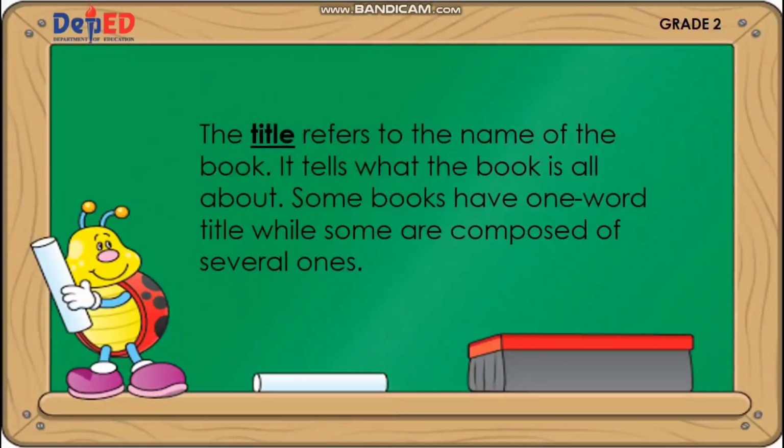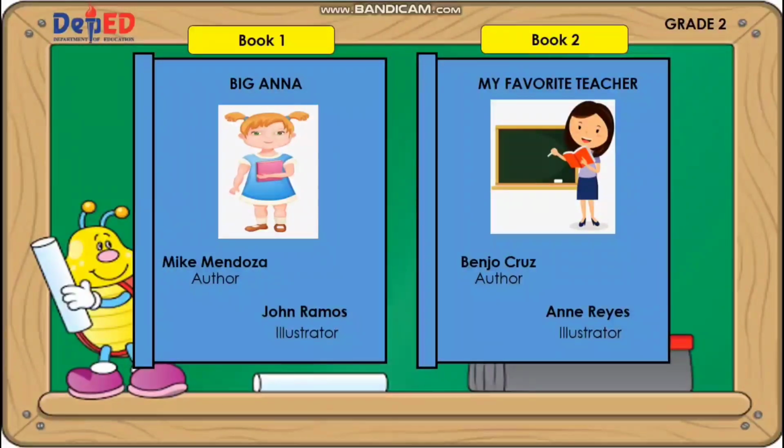The title refers to the name of the book. It tells what the book is all about. Some books have a one-word title, while some are composed of several words. I have here two examples of book cover. What is the title of the first book?